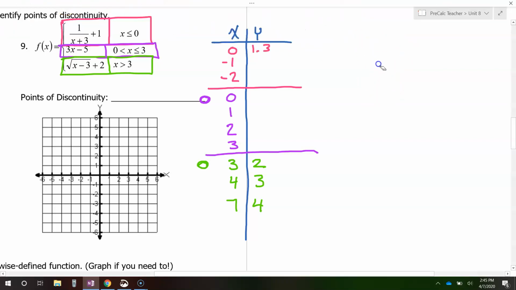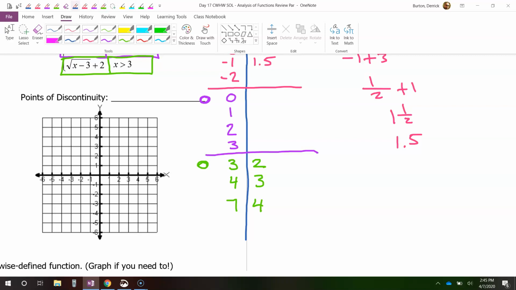Okay, if I substitute in -1 right here, so then I've got 1 over -1 plus 3 plus 1. So that'll be 1 over 2 plus 1. Okay, in other words, this is going to be 1 1/2, also known as 1.5. So at -1, we are at 1.5.